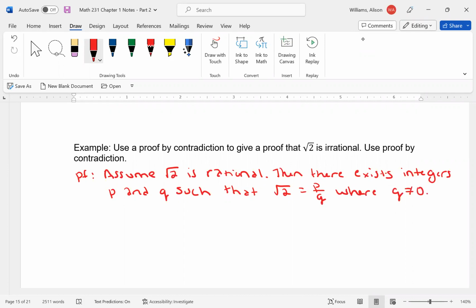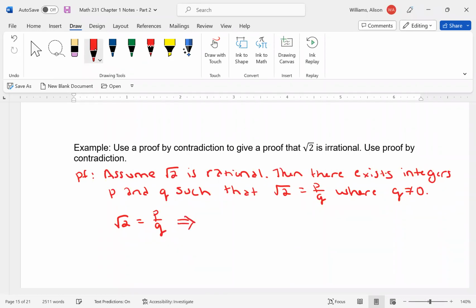All right. So here's what we're going to do. We don't have much to work with, but we do have this. So I'm going to work with this now, use some algebra, and see if I can produce something weird. So first thing I'm going to do is go ahead and get rid of the square root. So I'm going to square both sides.